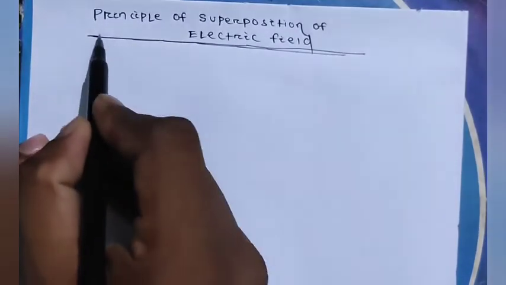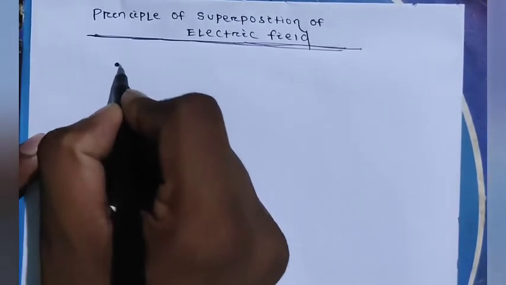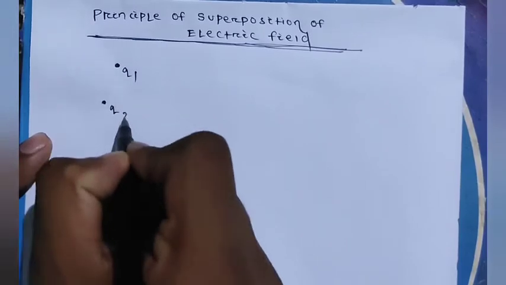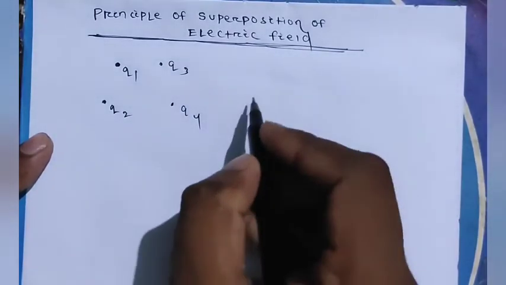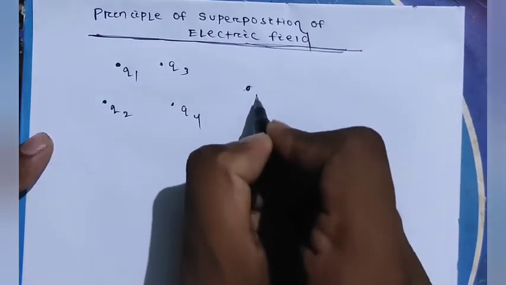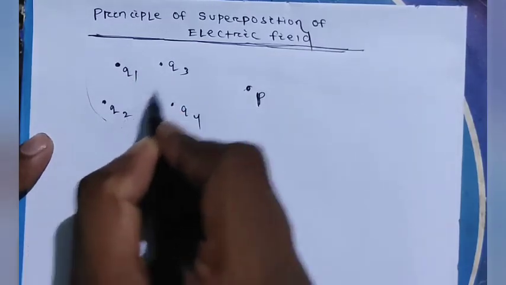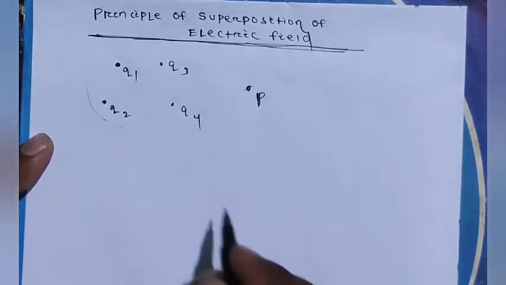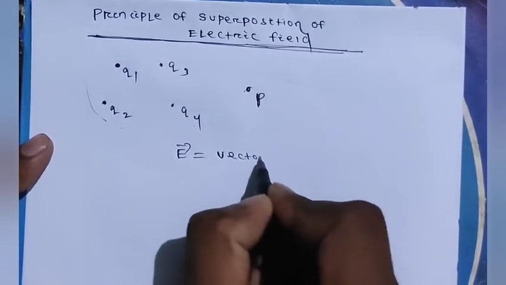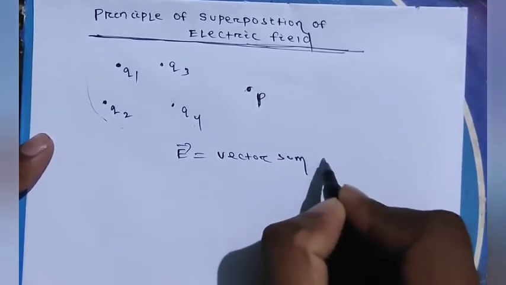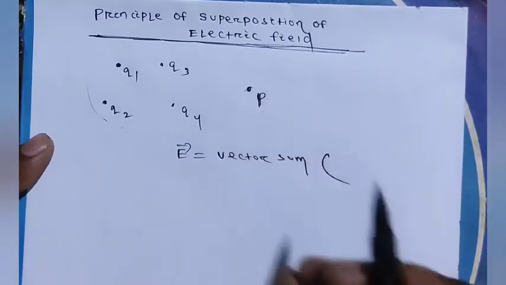According to this principle, if there are many charges, suppose Q1, Q2, Q3, Q4, then the net electric field at a given point P due to all the charges Q1, Q2, Q3, Q4 will be simply the vector sum of the electric field produced by the individual charges at the point P.